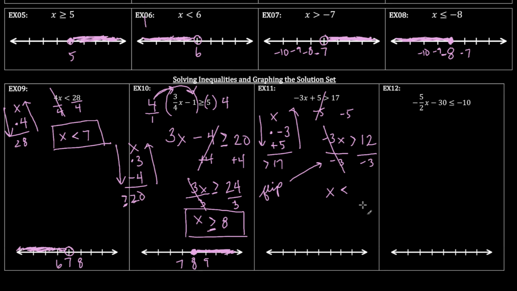So positive divided by negative is a negative, and we have 4. So I'll put -4, -5, -6. Okay, so can x be -4? No, so I'm going to leave it open. But x can be a number less than -4, so anything over here.